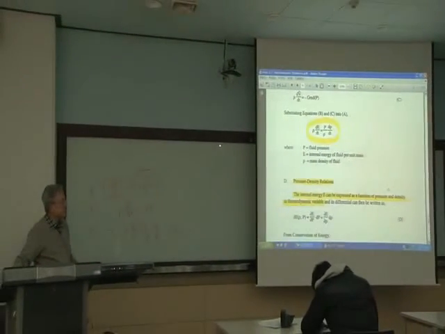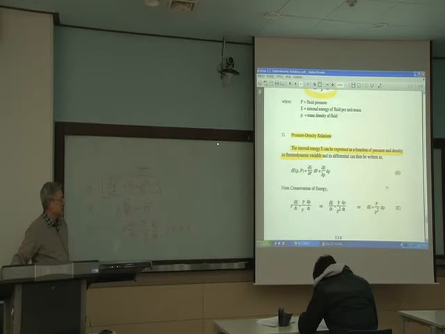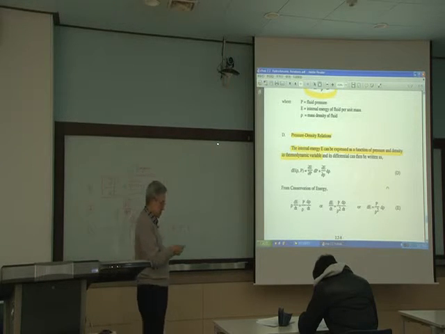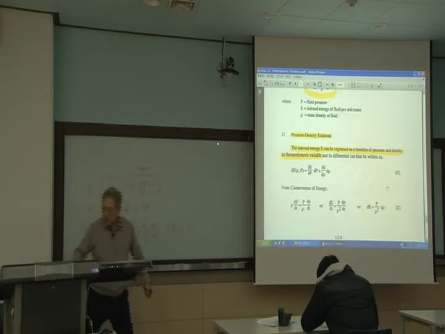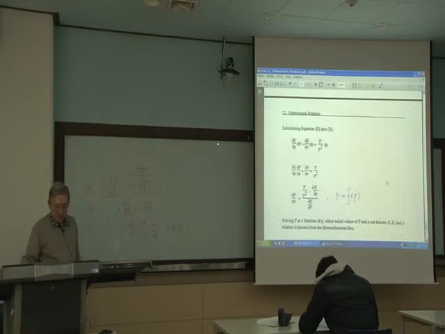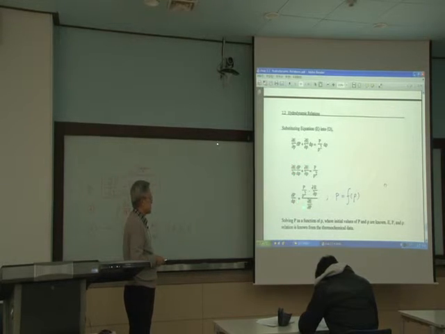But this is an implicit expression, it's not an explicit expression. Then take the variation, this is all I'm doing over here. From the conservation of energy, bring back down this equation down here, then change the forms. dE, the differential of the internal energy, is equal to P over rho square times d rho. Then I'm just showing the different forms down here.